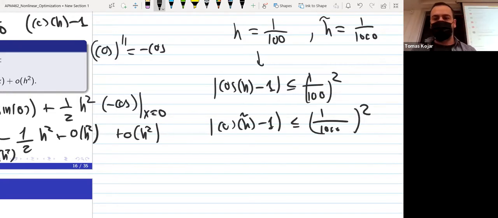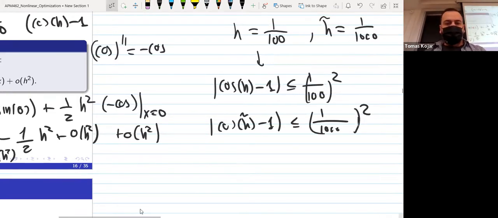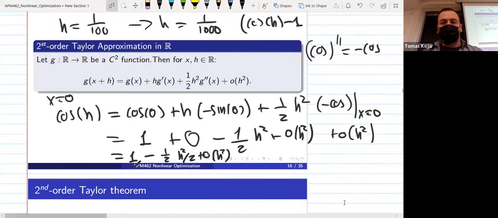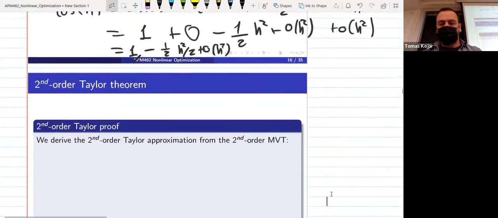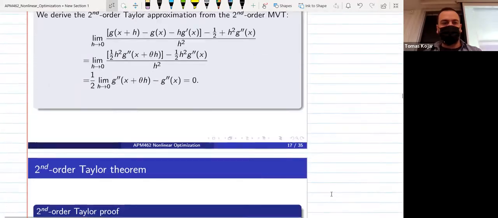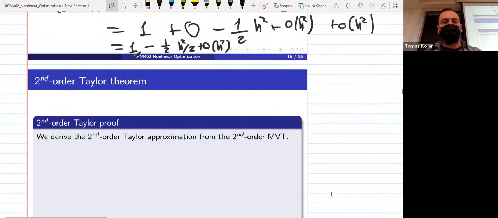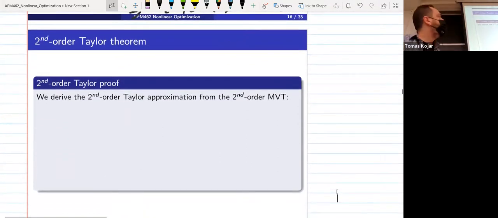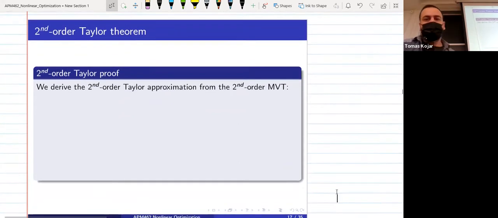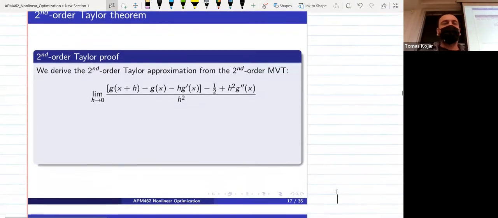Zoom? All right. So the next one is multivariable, right? Let me finish this Taylor so that next we're going to take a break and then do multivariable. The proof is short because we do the same trick.